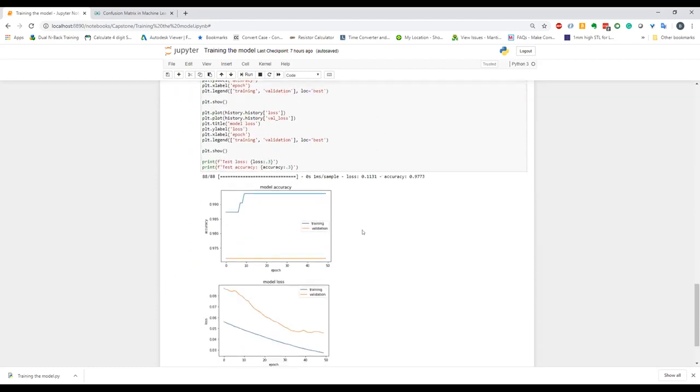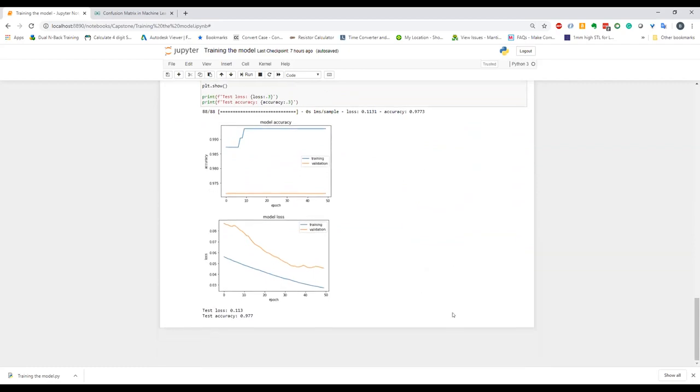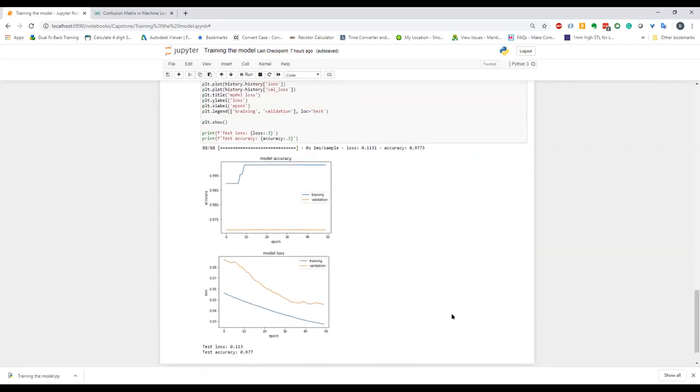Then I compared it to the validation, and you see that the validation is a little below that, but it's still pretty high. And then we have a nice trend here with the learning. Nice.